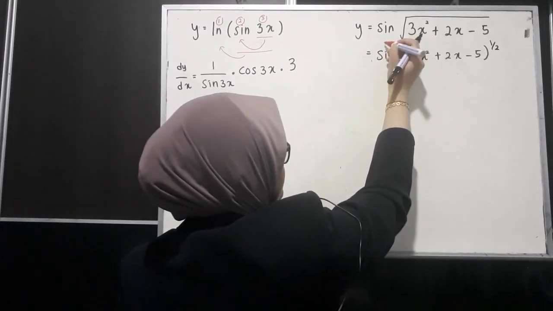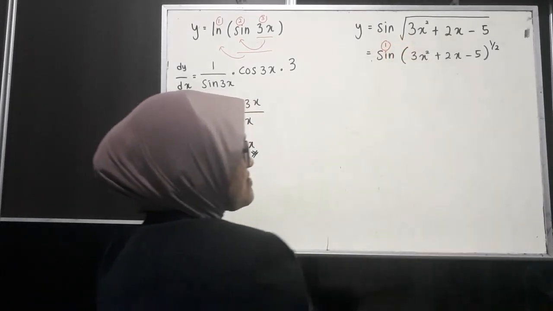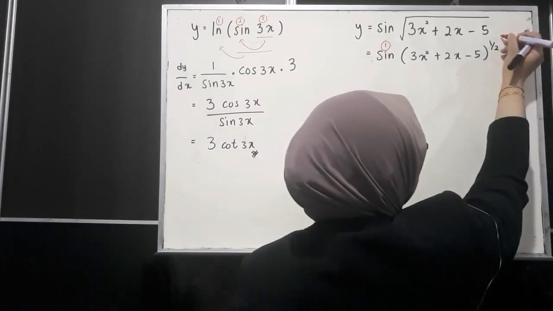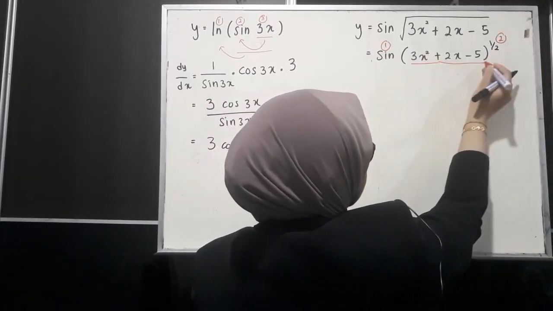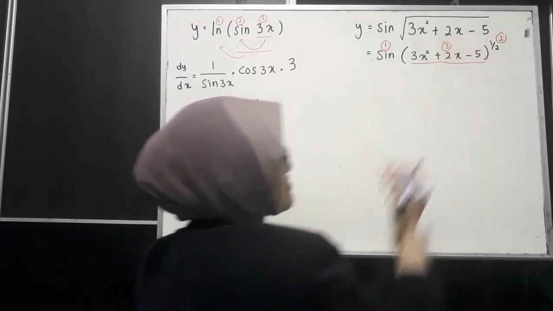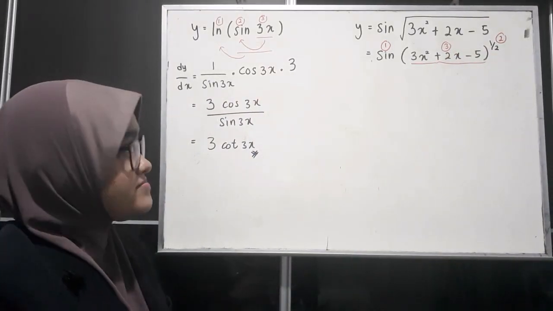Number 1, sine. Number 2, power 1 over 2. And number 3 is the bracket.